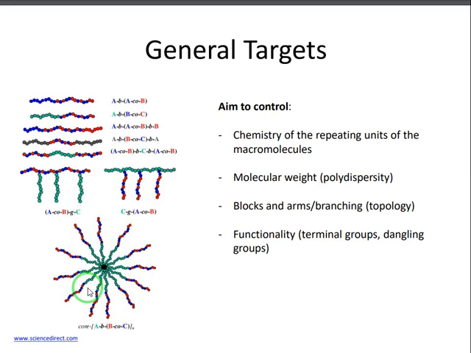Well, on the other hand, we can also form the brush-like macromolecules. And how are they formed? Well, you see that this brush is composed of different parts of the brushes.